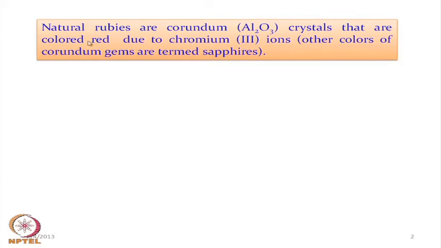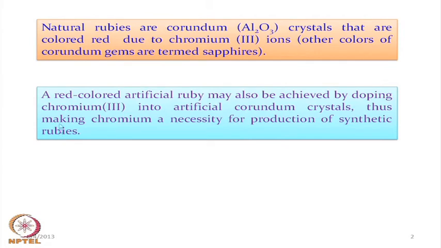And this particular red color is not available all the time, but due to the presence of this chromium we can have some other colors also, and these corundum based gems can also be termed as sapphires if the colors are different from the red color of the ruby. A red colored artificial ruby may also be achieved by doping chromium 3 into artificial corundum crystals.